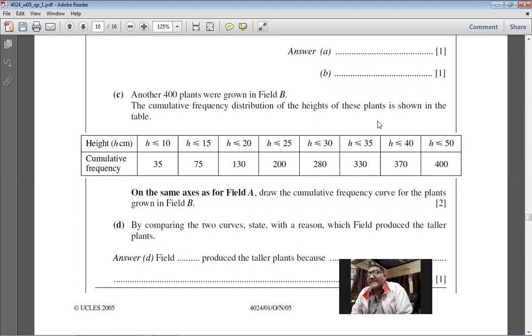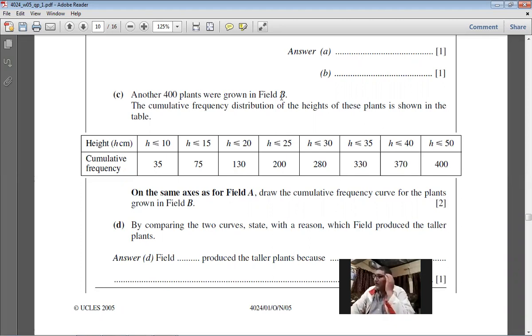On the same axis as for the field A, draw the cumulative frequency curve for the plants grown in the field B. By comparing the two curves, state with a reason which field produces the taller plants.